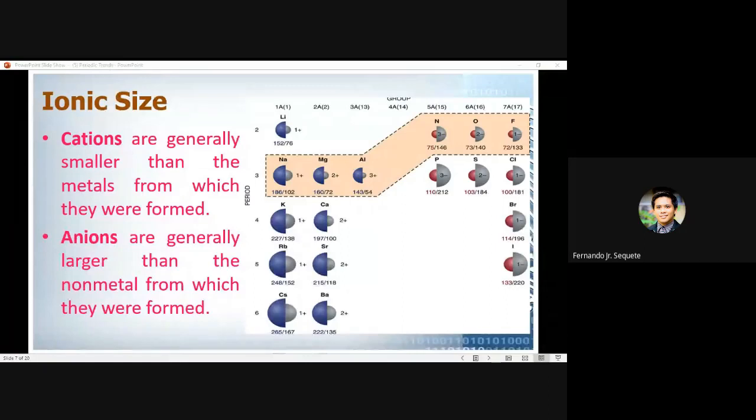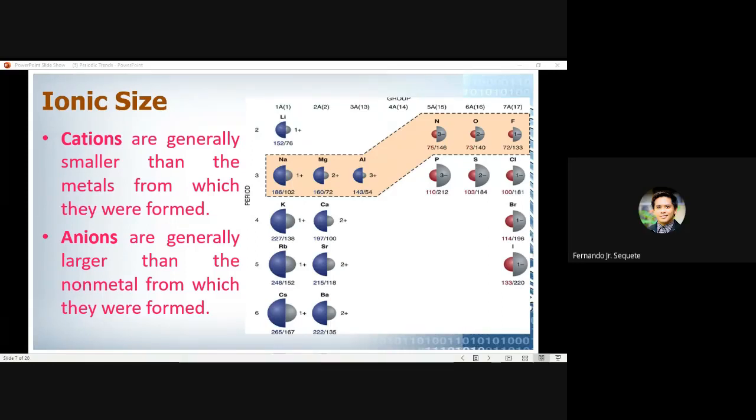Cations are generally smaller than the metals from which they were formed. So, the question now is, which is bigger, the Na or the Na plus? Where is it bigger? The Na or the Na plus?